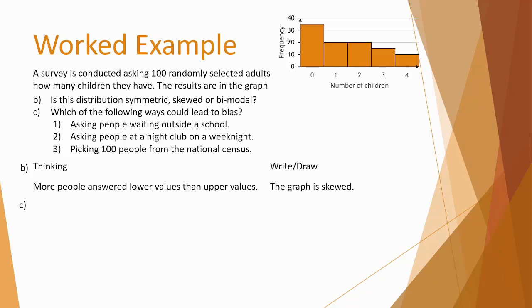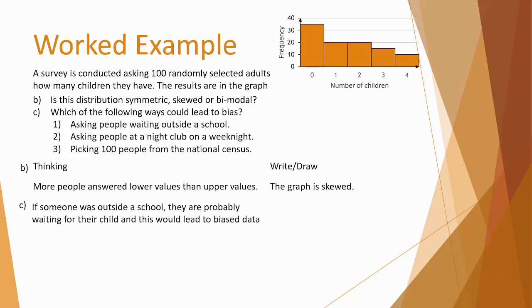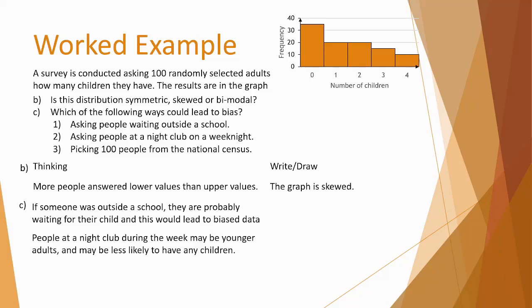Next question is looking at ways that could lead to bias. So to start with, that first one, if I was asking people waiting outside of a school, it would be biased because those people would be waiting for their child. So obviously, most people there would have at least one child. For method 2, asking people at a nightclub on a weeknight, well, people at a nightclub on a weeknight may be younger adults and therefore less likely to have children or would have less children.